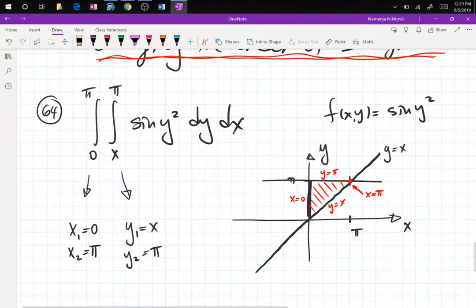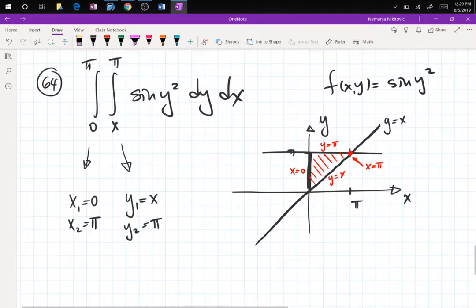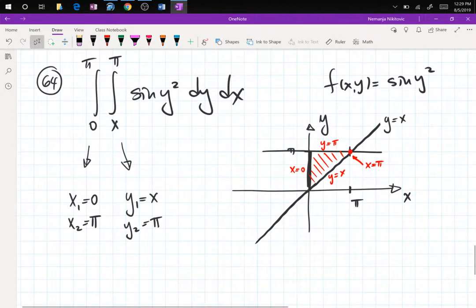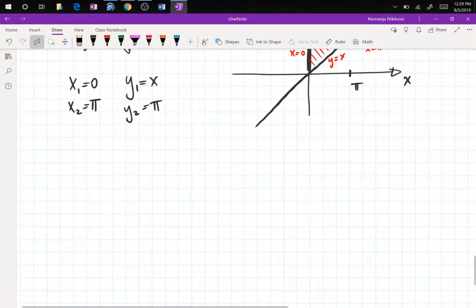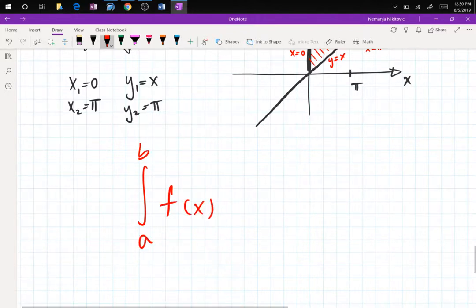Clearly, all of this gets more convoluted when you get into 3D with the triple integrals. So right now you only have two integrals to worry about. And if you follow the prescription that I show over here, you go to the first integral and say x equals and x equals, because you learned in Calculus 1, integral from a to b of f of x dx, and they say this is x1, the lower limit, and this is x2, the upper limit.